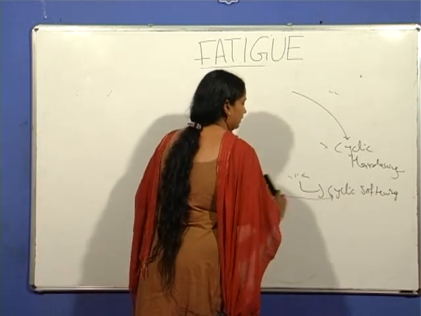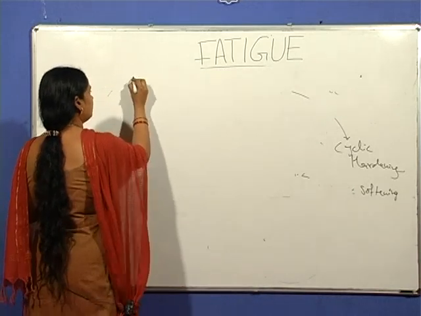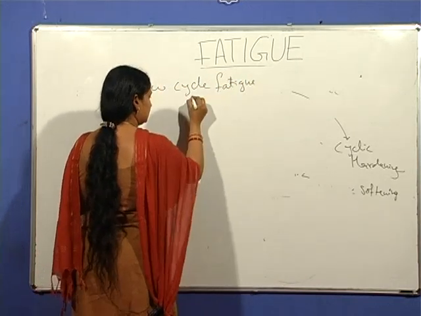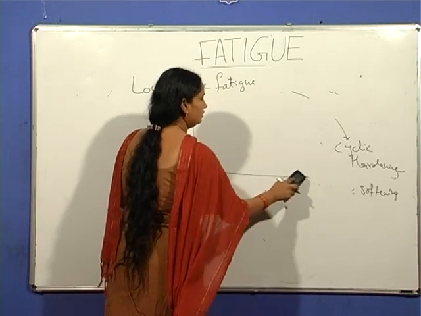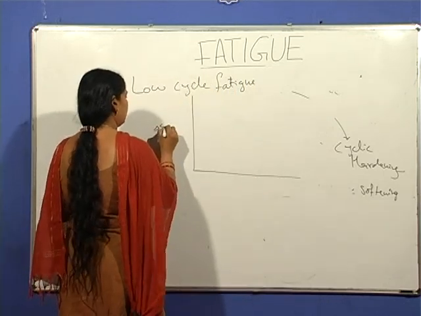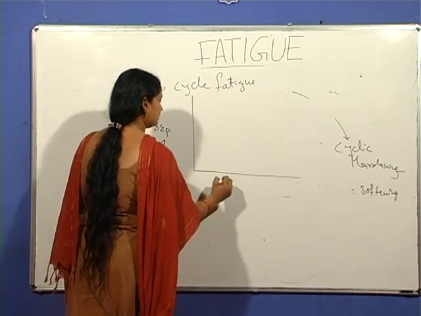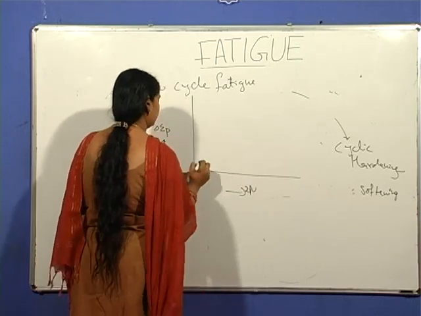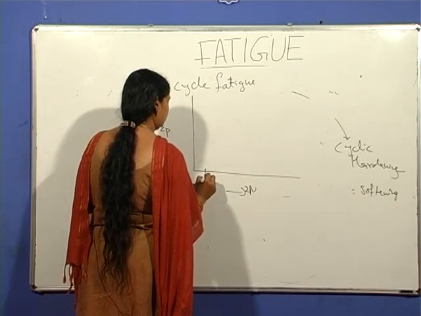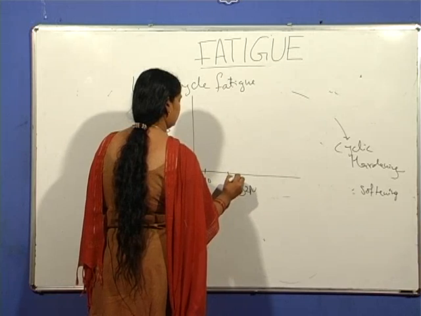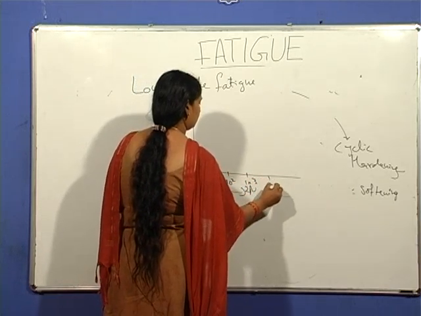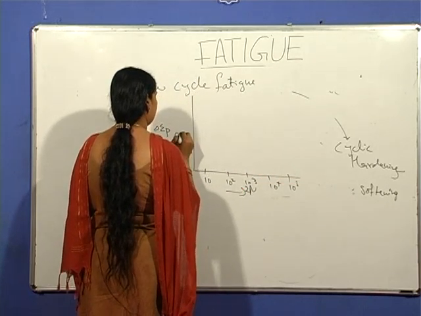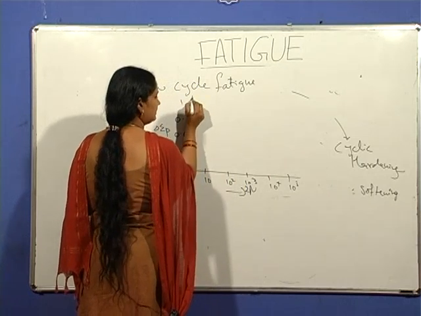So, in the case of low cycle fatigue, it is a plot of plastic strain range versus number of cycles to failure. It results in a straight line.